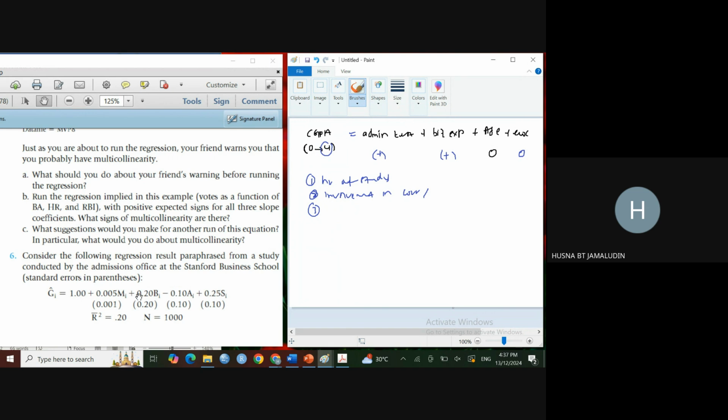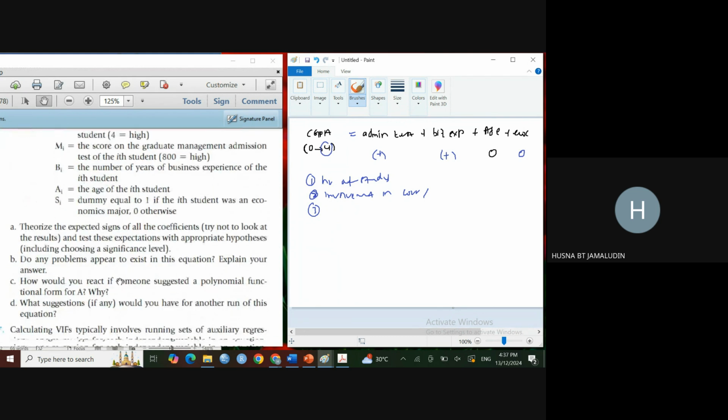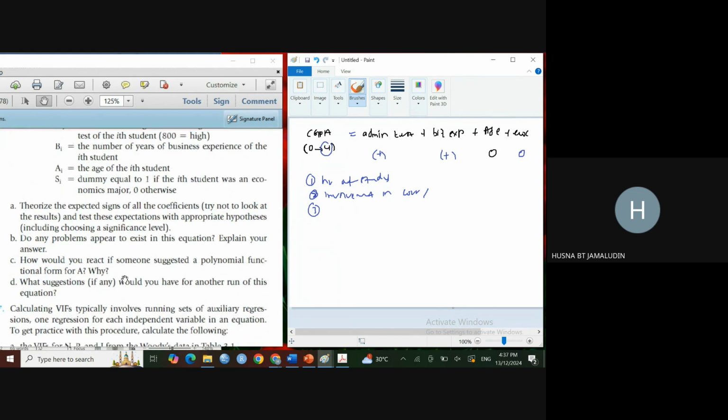You have a dummy somewhere here, right? So your independents are Lin. How about your dependent? How would you measure your CGPA? Is it in terms of percentage or a number, a unit, right? Yes. So it's a Lin. Okay. Then Lin is fine. You don't have an issue.